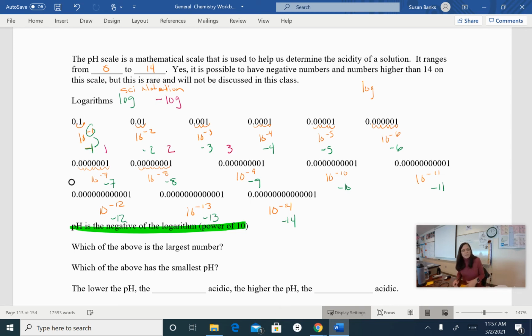If you notice, we're just getting the positive value of the log that we just got. So this would be 4, 5, 6, 7, 8, 9, 10, 11, 12, 13, and 14.